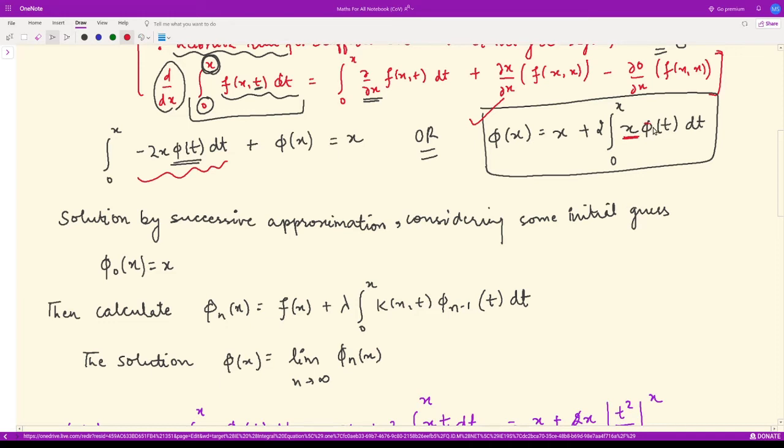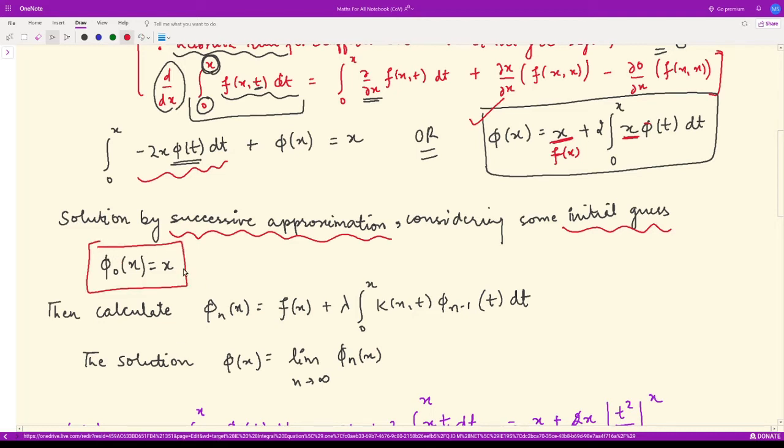One way to solve any integral equation is by the solution using successive approximation, by assuming some initial guess. We take any initial guess, and usually we take it to be our f of x, which is x in our case, right?